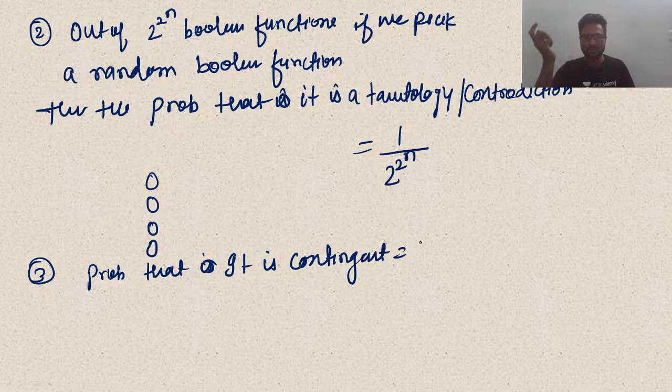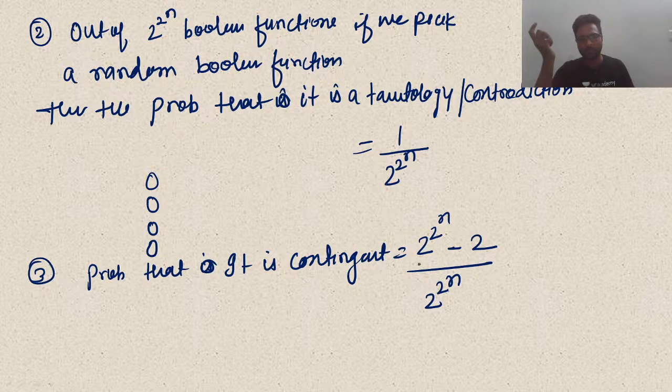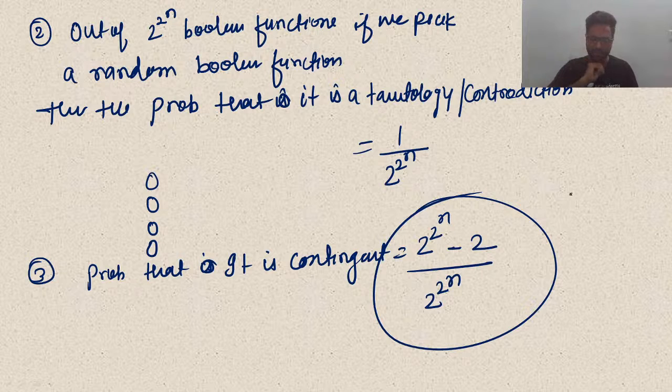So favorable cases will be 2 raised to power 2 raised to power n minus 2, divided by the total number of functions. Is that clear to everyone or not?